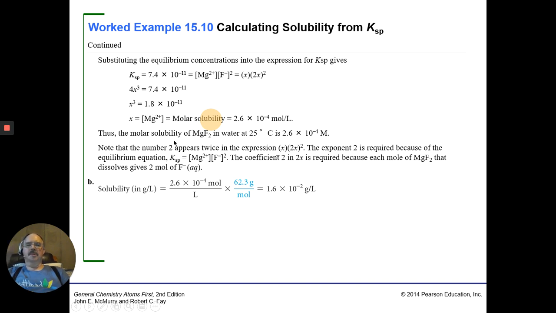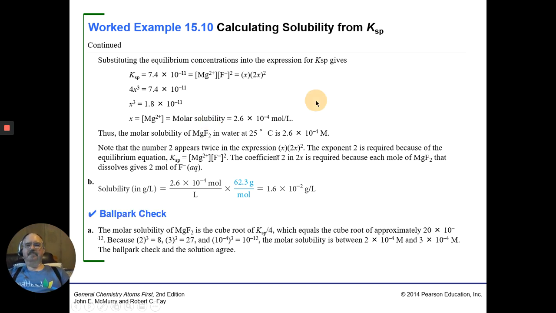So the molar solubility is 2.6 × 10⁻⁴. And then the solubility in grams per liter, we would just use this factor, 62.3 grams per mole. The moles divide out, and we get 1.6 × 10⁻² grams per liter.